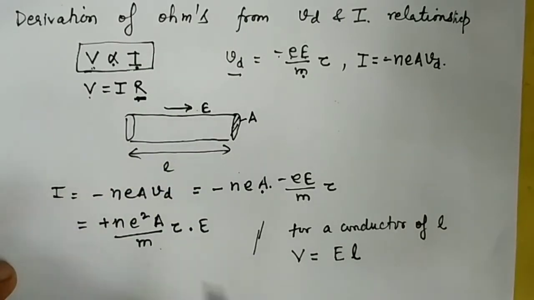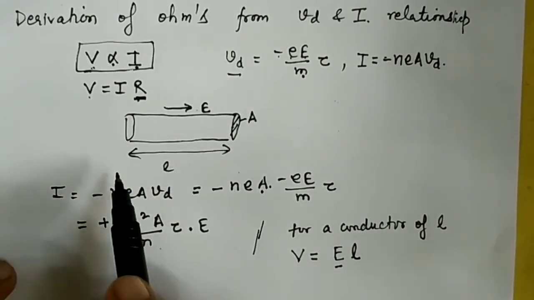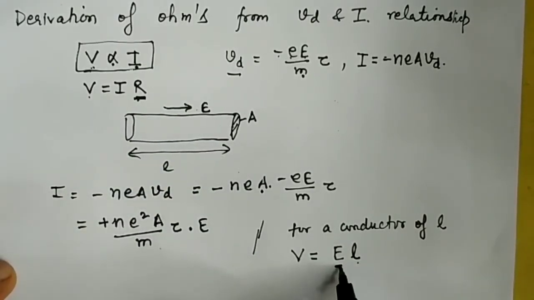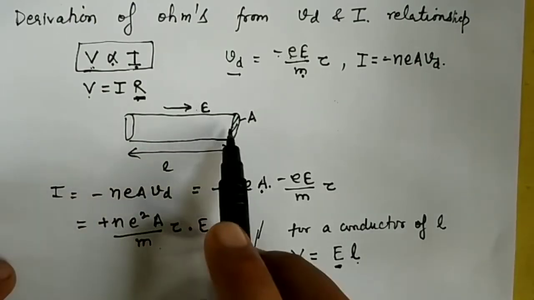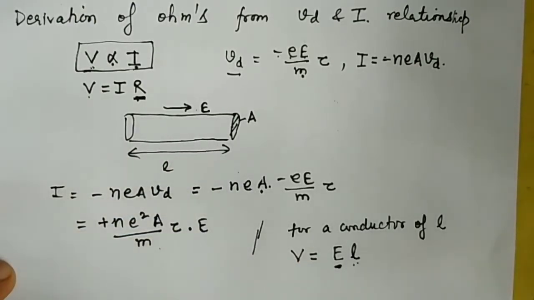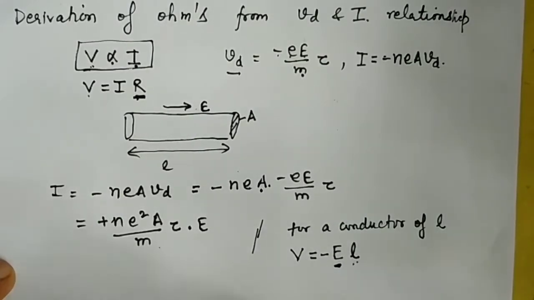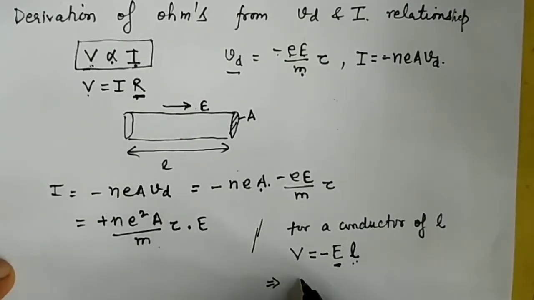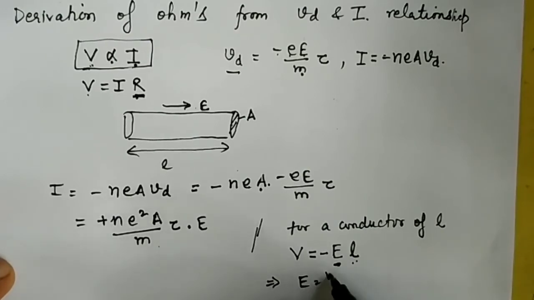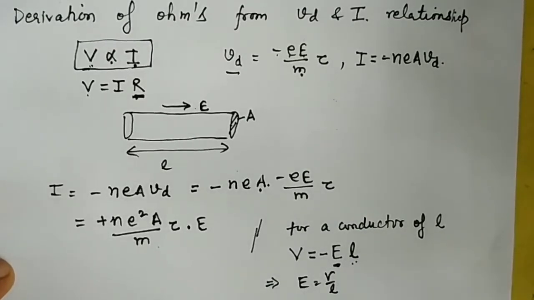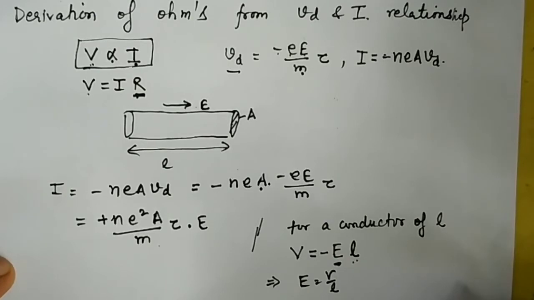As E is uniform, what is the total length of this conductor? It is L. A minus sign is also there, so I neglect the minus sign. So what we get? The electric field is equal to V divided by L. I am neglecting the negative sign here.